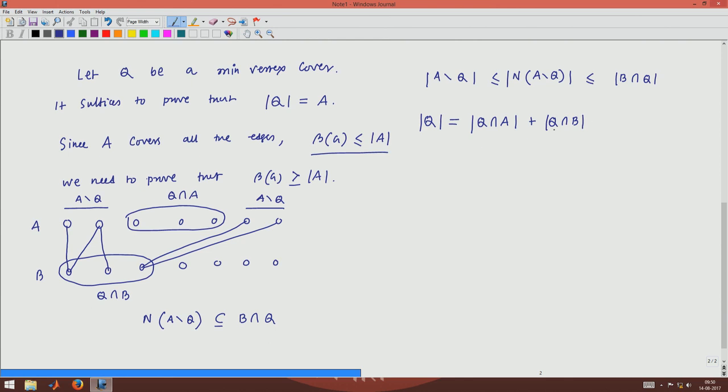Now, this one is greater than or equal to A minus Q. So, the cardinality of Q is greater than or equal to the cardinality of Q intersection A plus the cardinality of A minus Q, right. So, this is nothing but the cardinality of A.